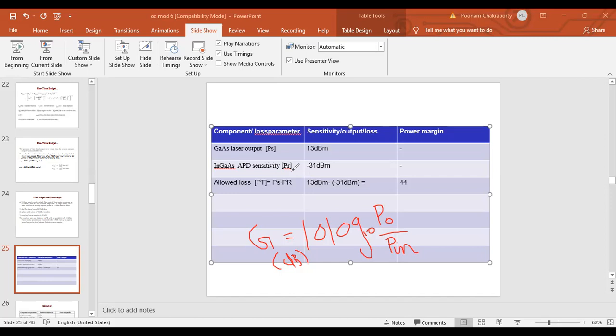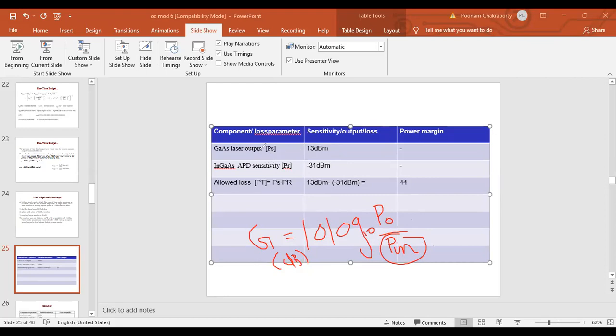I don't. So when I am commenting that the laser output is 13 dBm, remember dB is always calculated with one with respect to the other, P out with respect to P in. But when I'm talking of an individual component's output power or sensitivity, there has to be some reference measurement. Without P in, I cannot get dB.